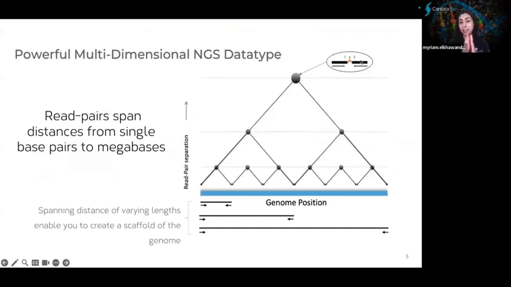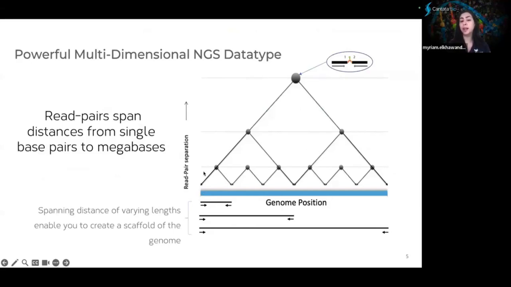And the linear distance between the genomic regions can span single base pairs to megabases and up to full chromosomes. So what you're looking at here is this dot that represents a contact between two specific genomic regions that you're able to locate and position.